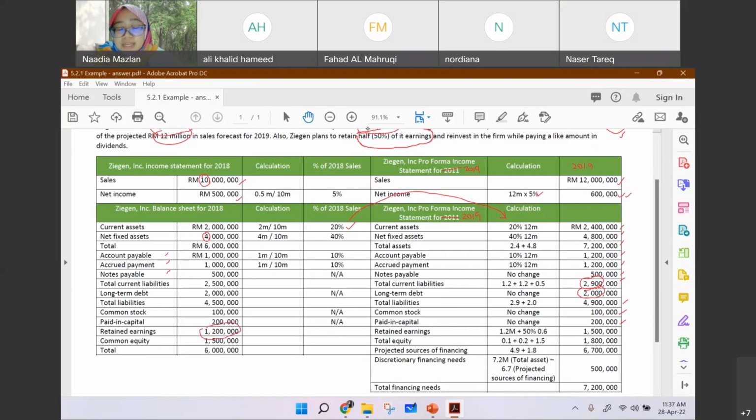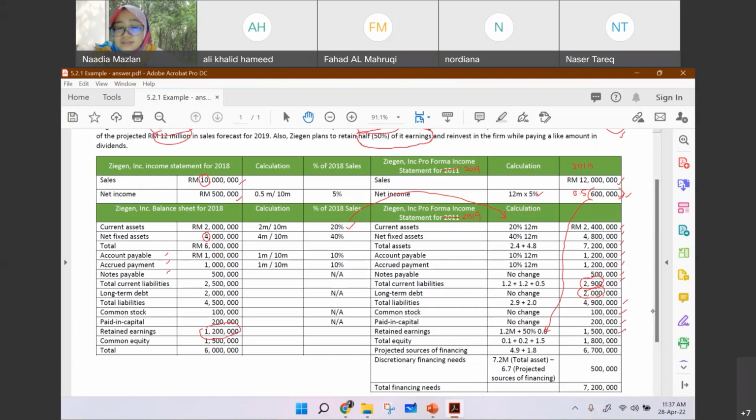So 50% of the net income, which is 0.5 of 600,000. This one goes here.